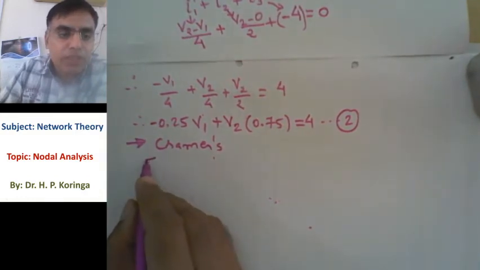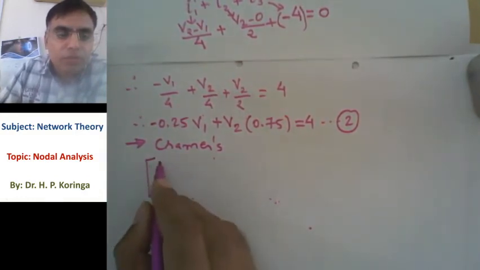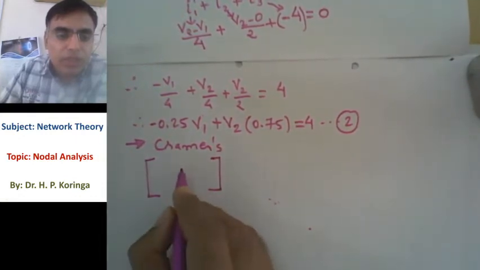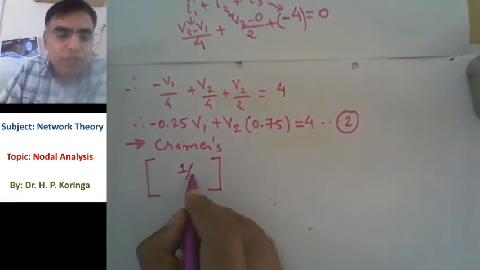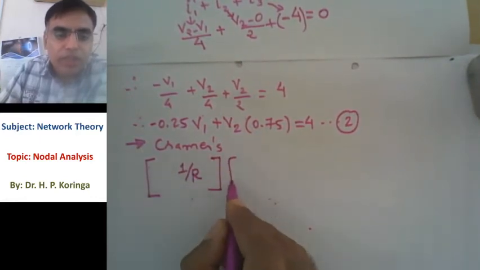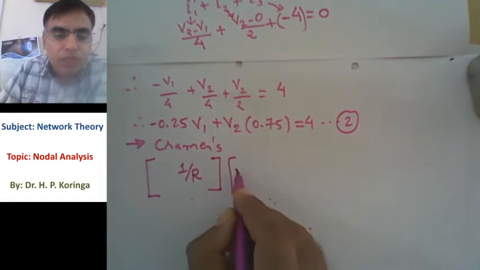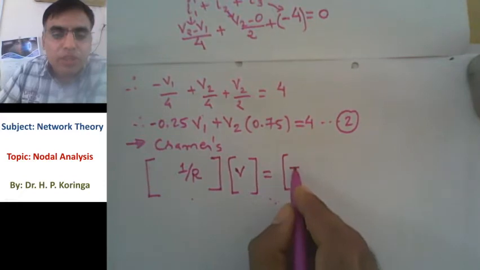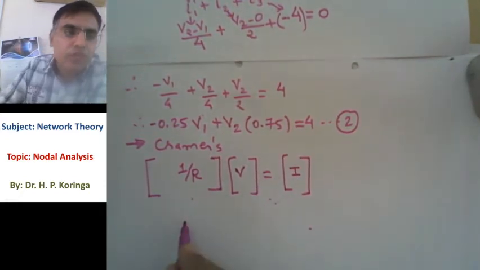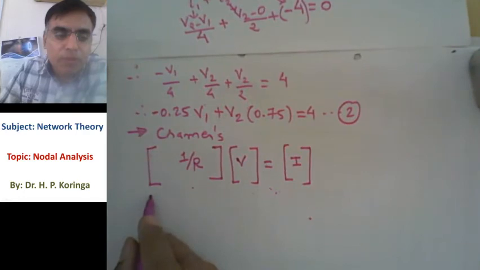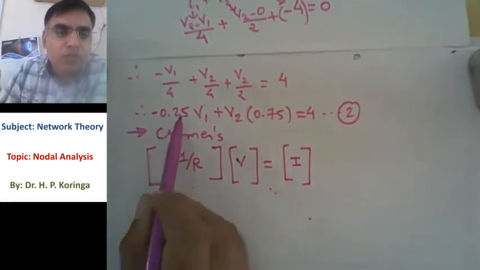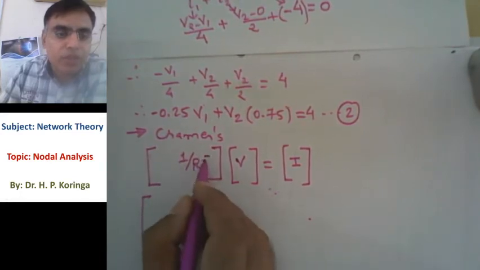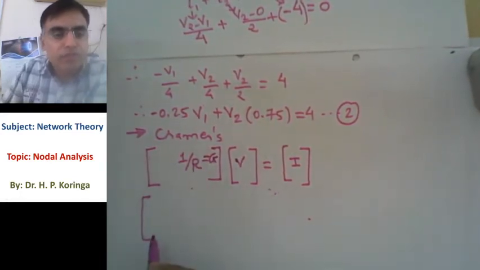Here it is the matrix of G, which is 1 upon R, and another is the matrix of V, which is unknown, is equal to the matrix of I, which is nothing but the constants given, right? So for the matrix of 1 upon R, whatever we have written here as 0.25 is actually 1 upon 4. So we have converted it into G. 1 upon R is nothing but the conductance G.